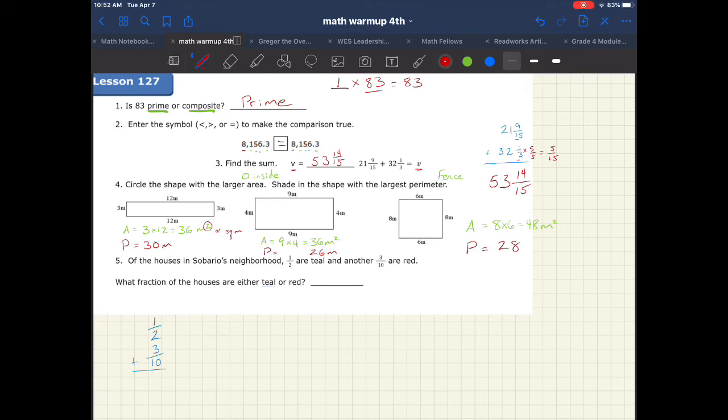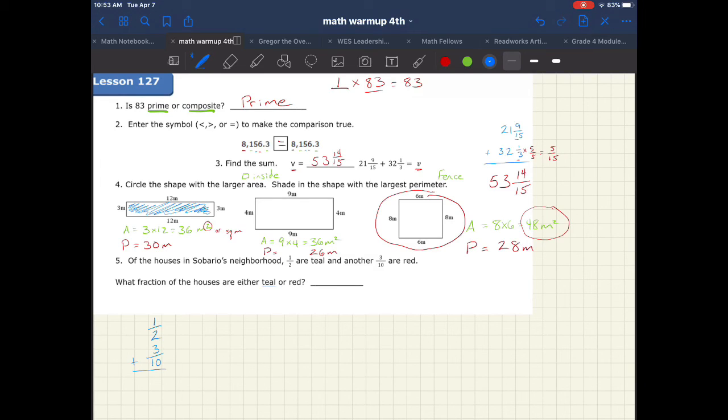So 28 meters. So it looks like 48 is definitely the biggest area. And we were supposed to circle the shape with the larger area. So I'm going to circle that. And the largest perimeter was 30, and that's the one I'm going to shade in.